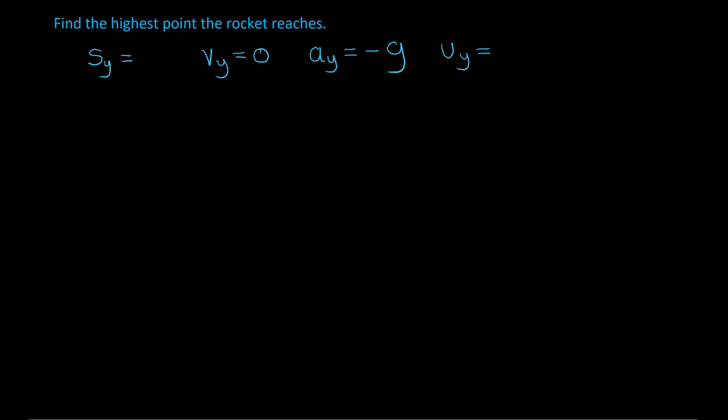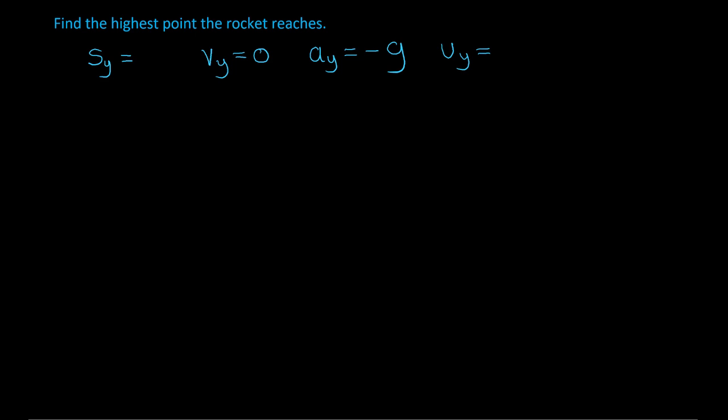The next thing we're going to find is how far up the rocket reaches, the highest point in the vertical direction. What we're looking for this time is sy, the vertical height travelled at that point. Remember, at the highest point the velocity is 0 in the y direction, and the acceleration is minus g. We also need the initial vertical velocity.